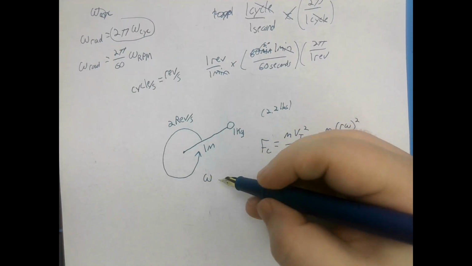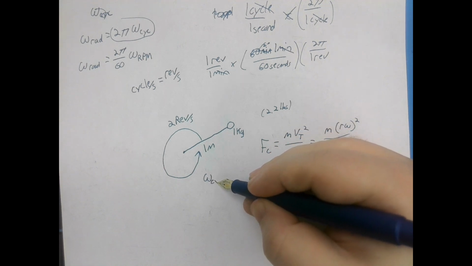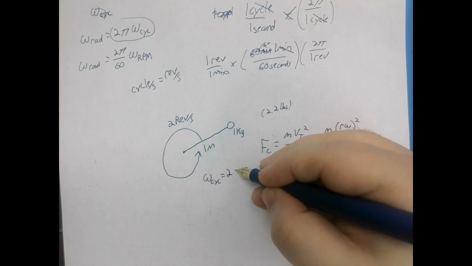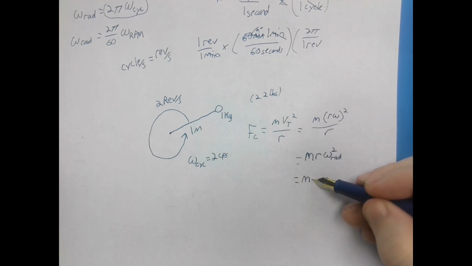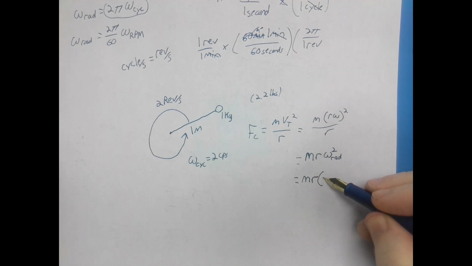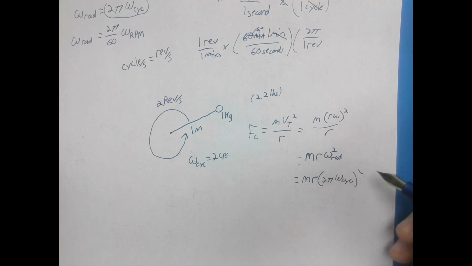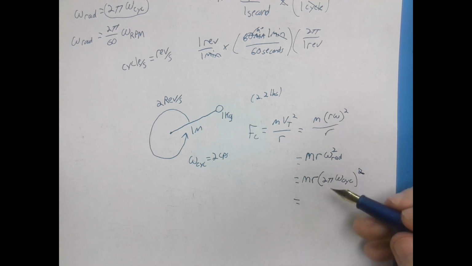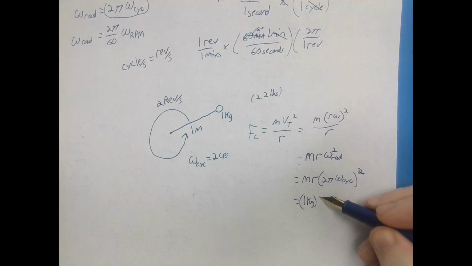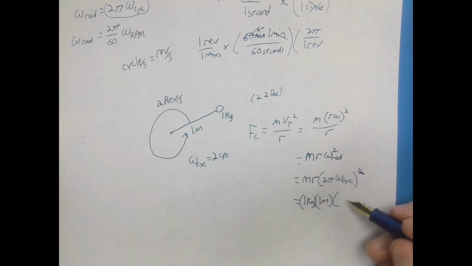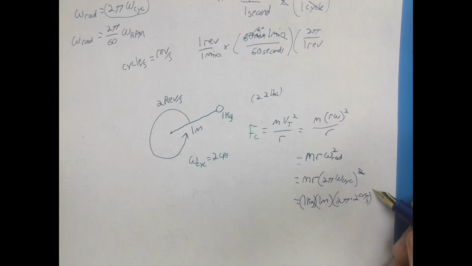So omega in cycles is equal to 2 cycles per second. So I could just plug that in. Mass times radius times 2 pi times omega in cycles, squared. So our mass is 1 kilogram, radius is 1 meter, times 2 pi times 2 cycles per second, squared.